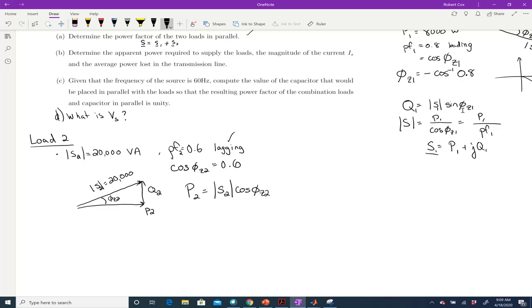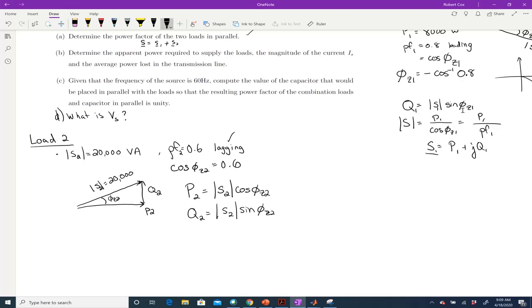Then I also want to figure out what Q2 is, which means I need this relationship, again just from trigonometry. The key thing is I don't need to remember any of those formulas if I just look at this as a triangle and know my trig. To do this, I need to know the angle.